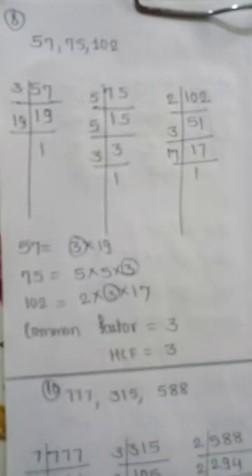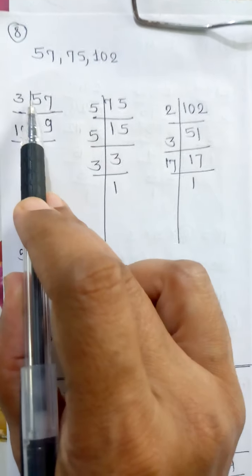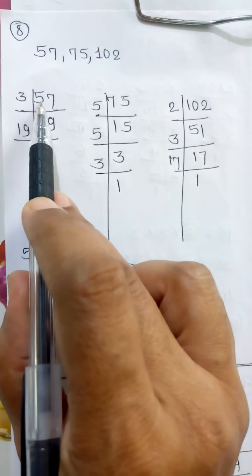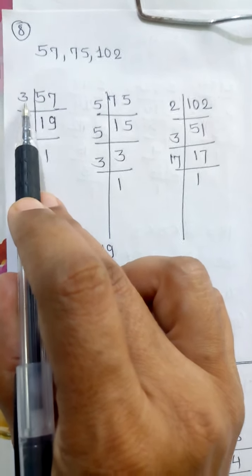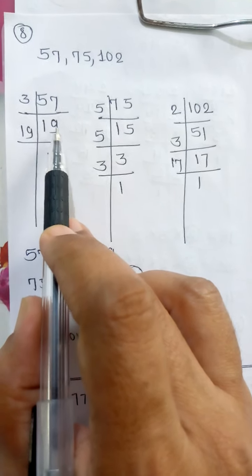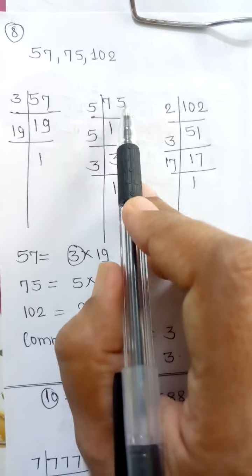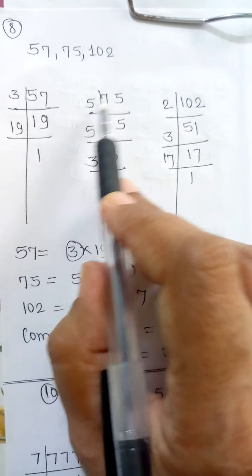Now see this eighth example, 57, 75 and 102. Factors of 57: the addition of its digits is 5 plus 7, 12. 12 is in 3's table, so it is divisible by 3. 3 1s are 3 and 3 9s are 27. And 19 is a prime number, so 19 1s are 19. For the factors of 75, 5 15s are 75, or 15 5s are 75.